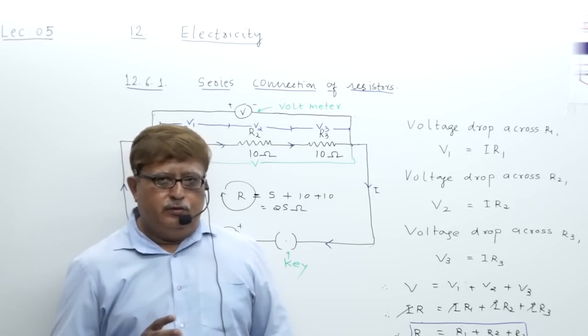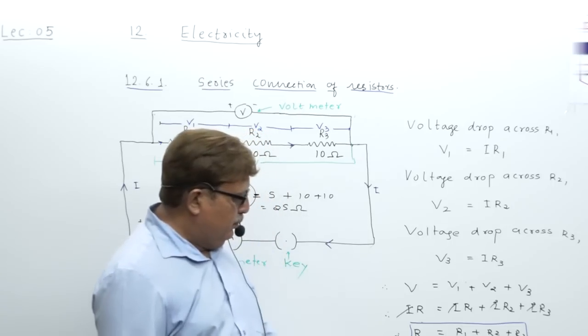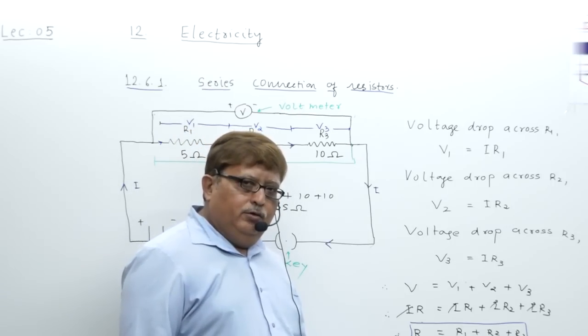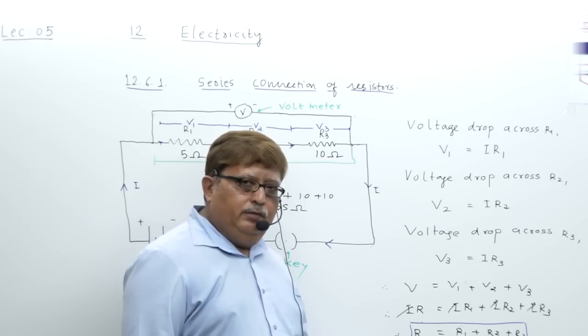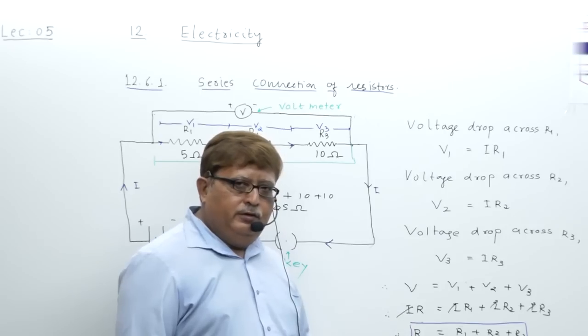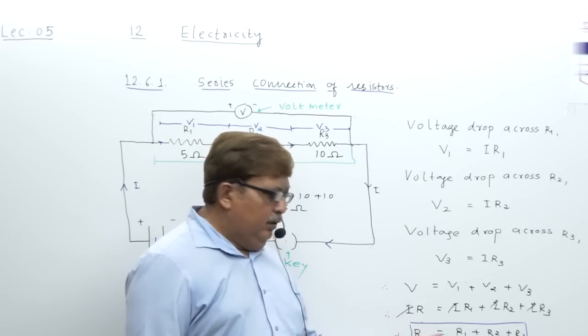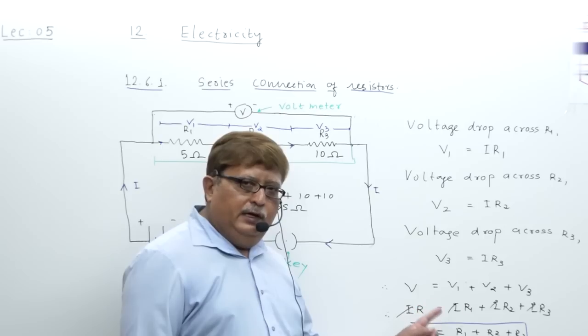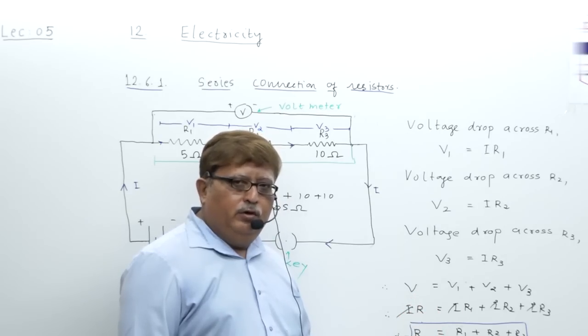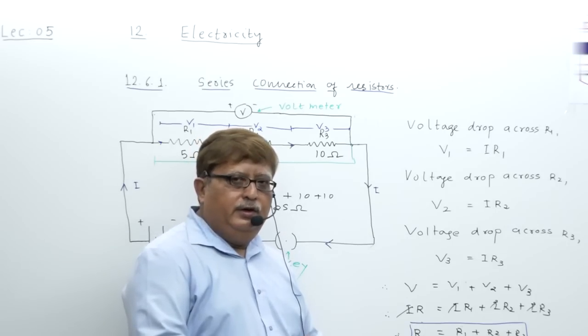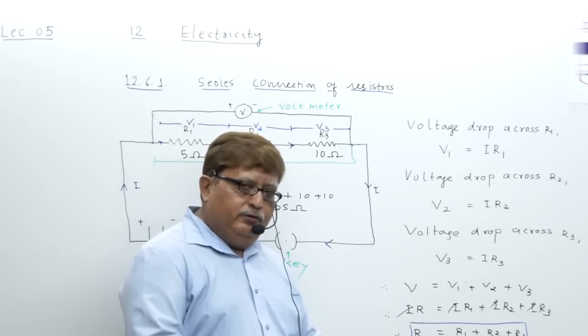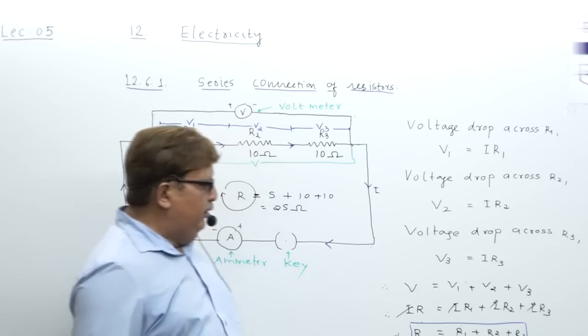Second property. Third property, total or equivalent resistance of the circuit is the algebraic sum of all resistors connected in the series connection, connected in the circuit.